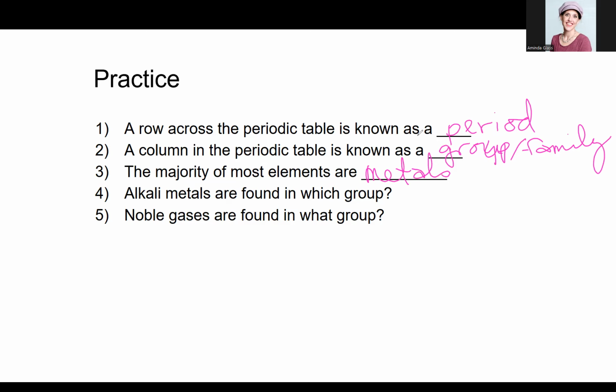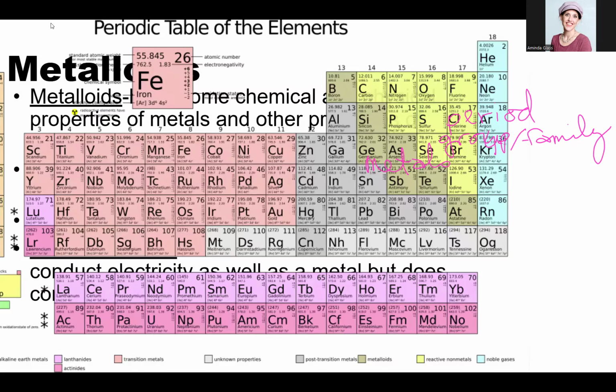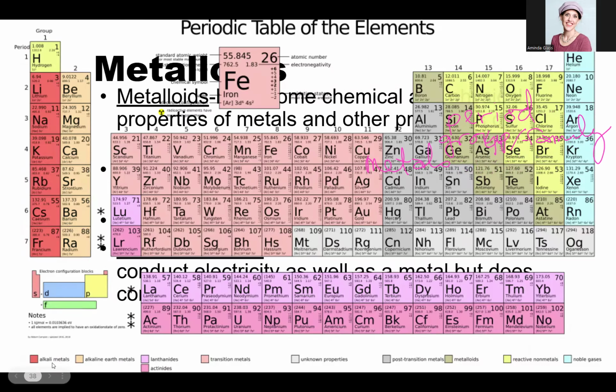And then this is practice naming the groups. So alkali metals, if you wanted to go back and look, what group are alkali metals? So if we look here, on the bottom, you can see alkali metals are red. Here are the alkali metals right here in group 1.